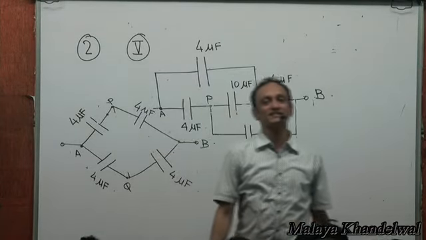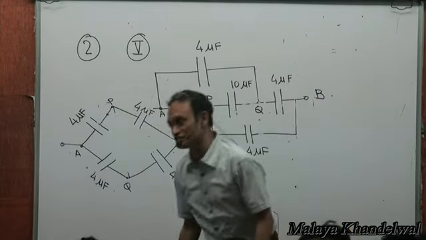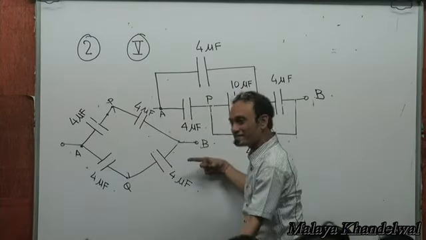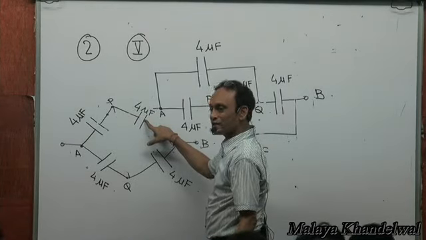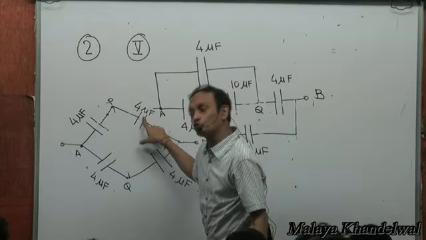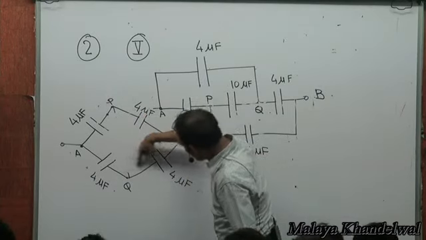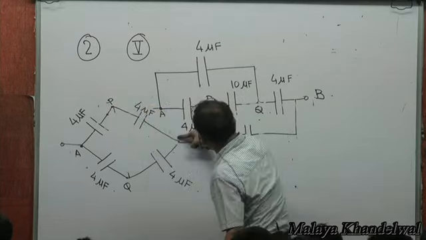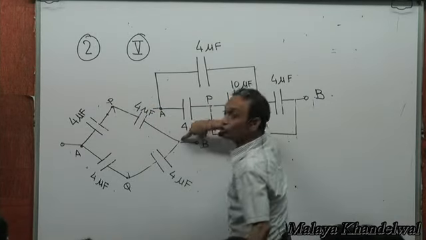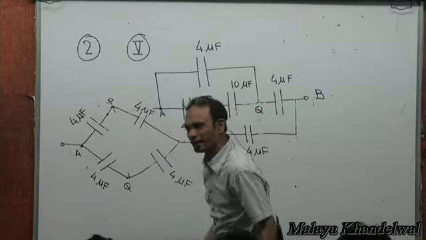Now once I remove this, life becomes so much rosier, because now all that we have is this 4 and this 4 in series. This 4 and this 4 in series will give me 2 microfarad, and this 4 and this 4 in series will give me 2 microfarad, and this 2 microfarad in parallel with this 2 microfarad will give me 4 microfarad.